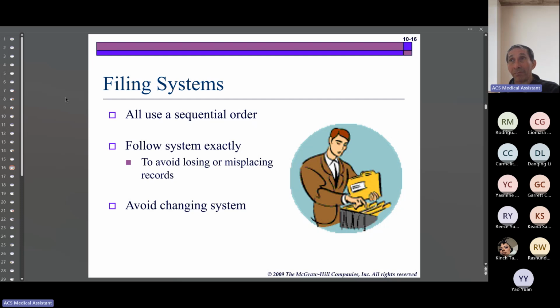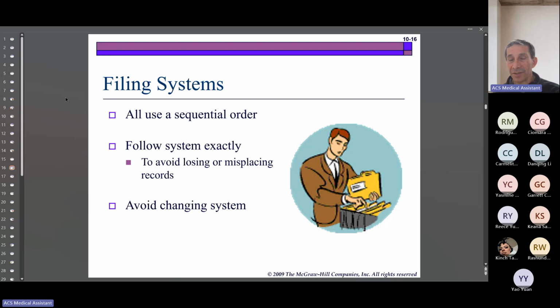And then when we file them, when we place them, when we organize them, they have to follow this order also. You cannot have number 1 and then number 10 and then number 20 and then 3, 4, 5. It doesn't work that way. Because then you run the chances of misplacing or losing, for that matter, these medical files.